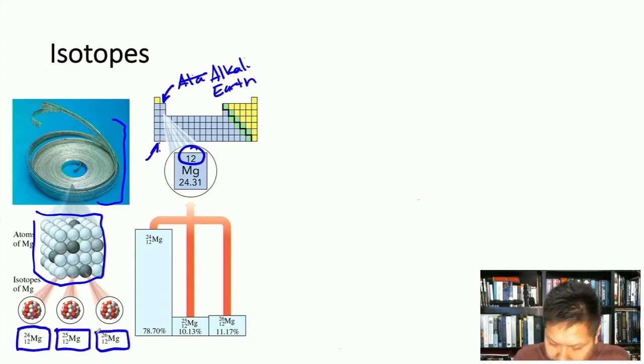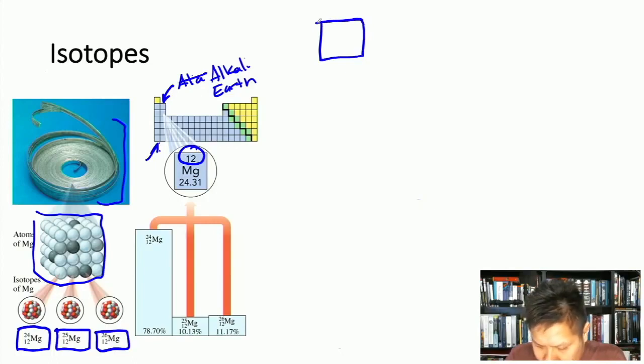And so what that means is, I'll just draw it up here. We'll just use anything as an example, I guess I can use magnesium again since it's the example here. If you have magnesium, there's a number that's in the upper left-hand corner.